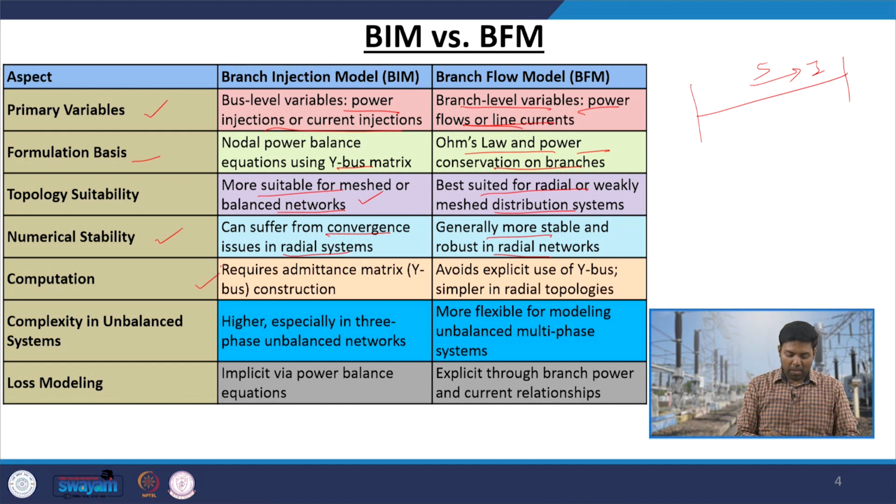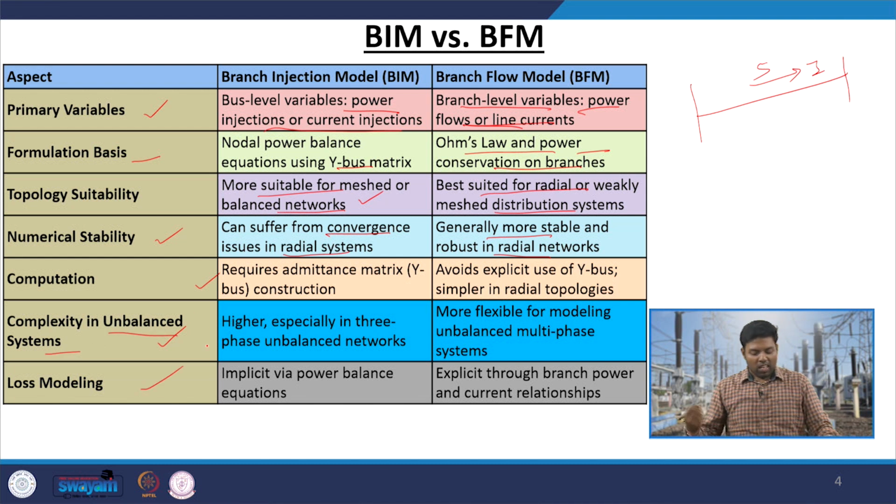Comparing further, you have complexity, computation time, unbalanced distribution systems and loss modeling. For computation, your bus injection model needs the computation of the Y bus matrix, which is not required for your branch flow model. So, compared to the bus injection model, your branch flow model is good as far as computation is concerned.